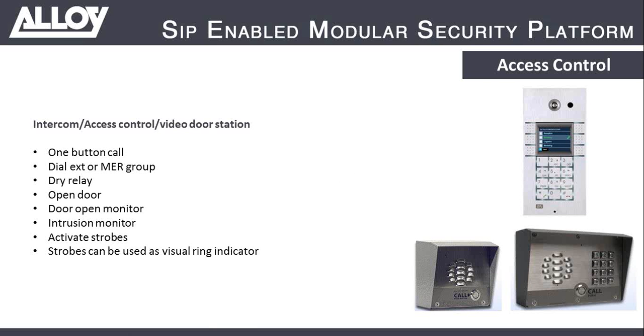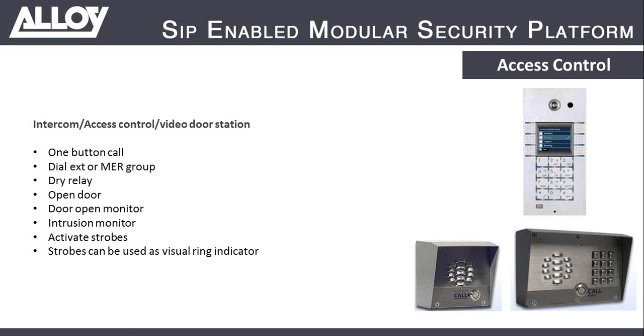And intercom and access control, again, CyberData has a number of intercom and access control call buttons. You can have single button, you can have keypads. I've already mentioned the 2N product, which again, single button, multiple button, keypads, and with video capability. So if you're looking for video capability, we go to the 2N product.